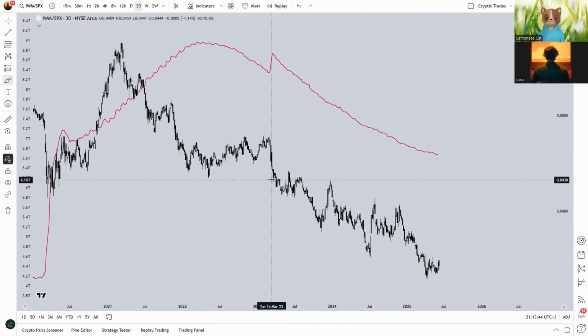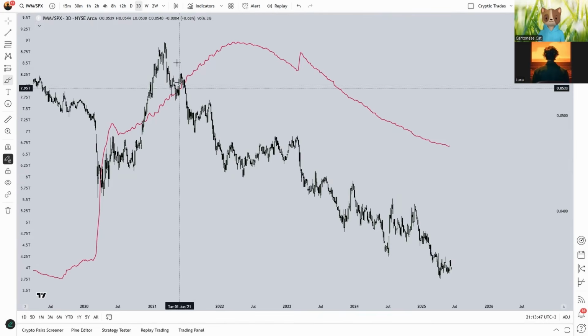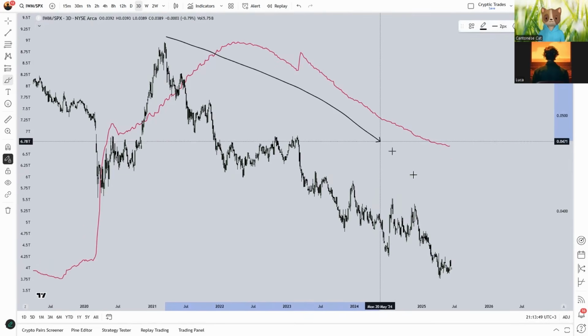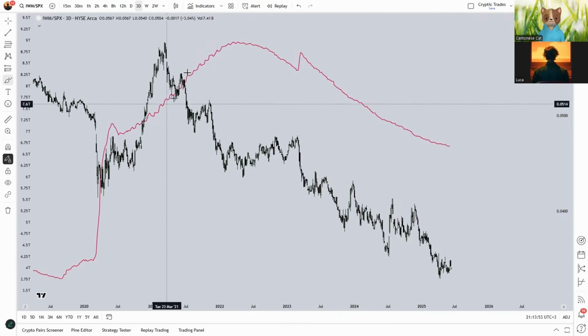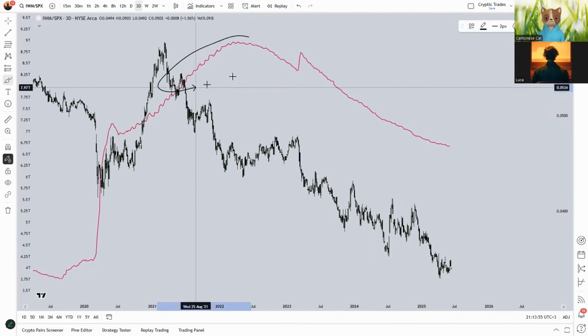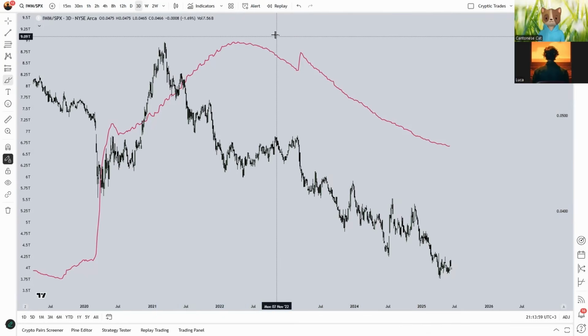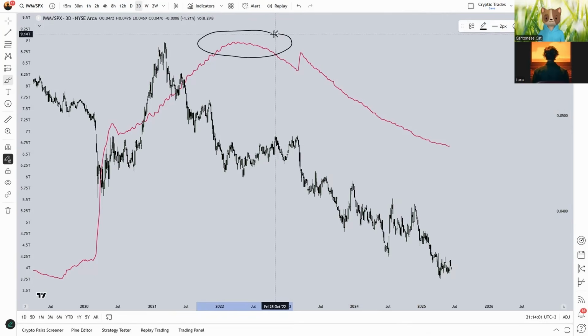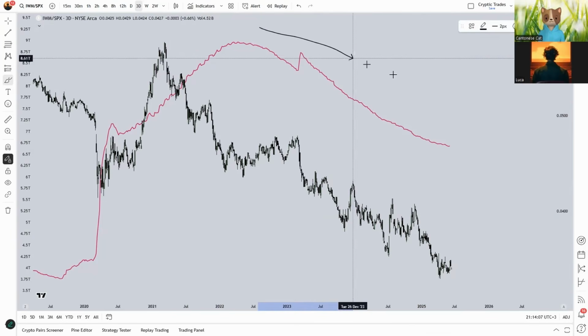Now, we've seen small caps basically bleeding and being in a bear market for the past 4 years as the Fed started to transition away from their quantitative easing measures back in 2021. And then later on, they implemented their full quantitative tightening policies back in 2022, when they also started to raise rates and the total assets started to go down.